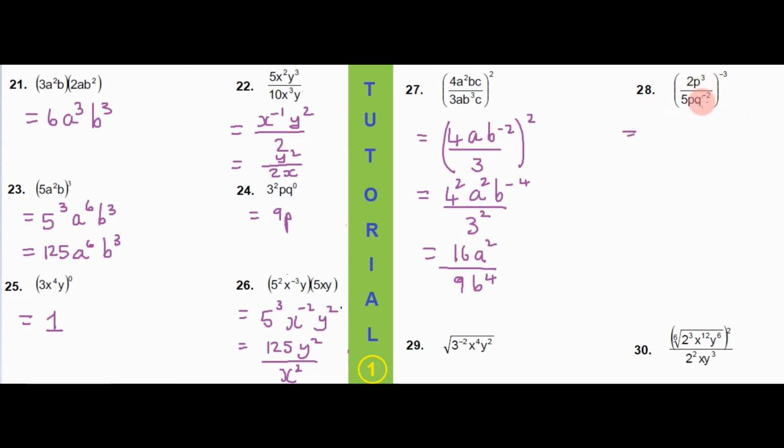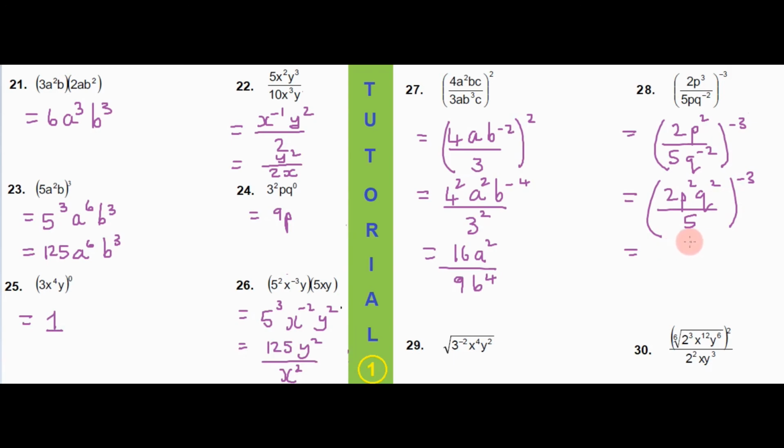Once again, first simplifying inside the brackets. So subtracting the powers of the p's, we'll get p squared. We can move the q to the negative 2 into the numerator as q squared. Now we can invert the fraction and the power becomes positive.